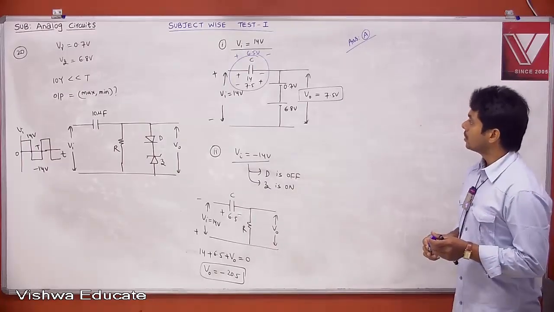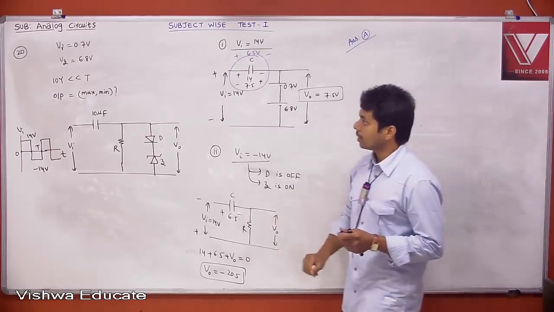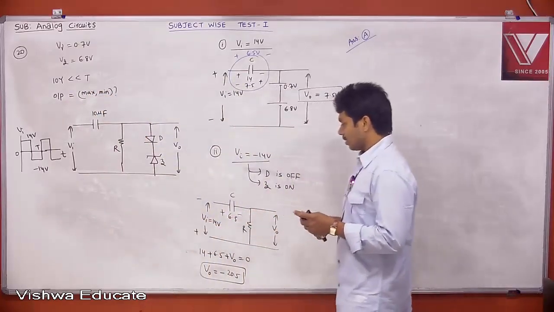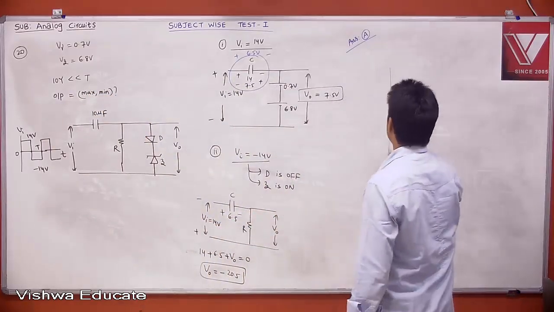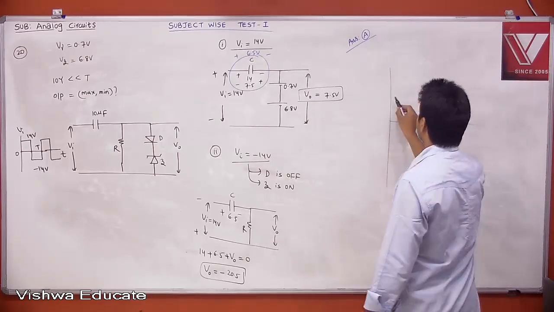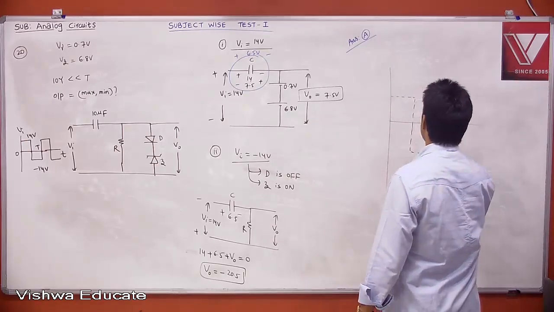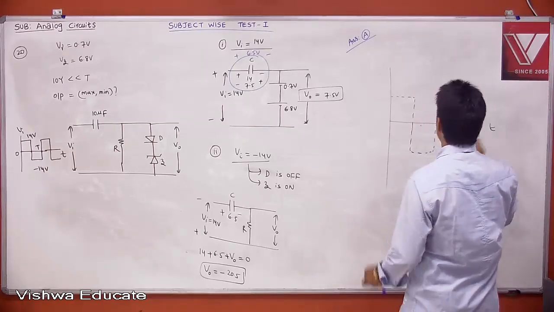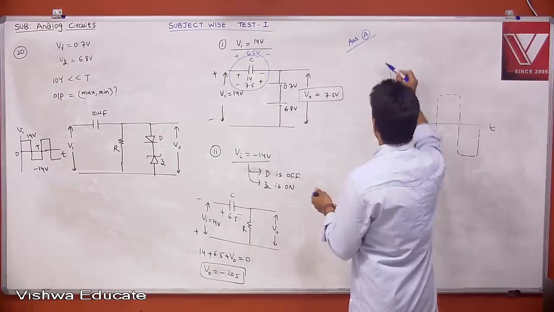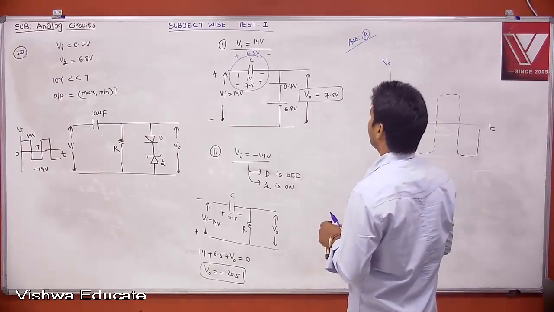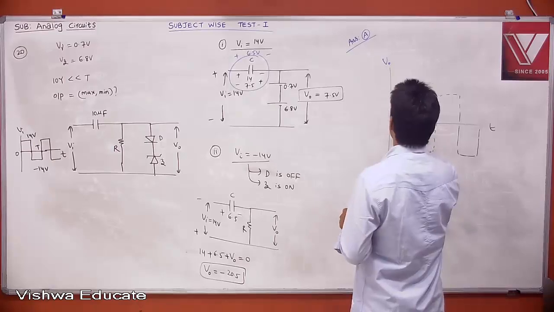But one point you need to observe is that the time constant is very small. What does it mean for the waveform? Because the time constant is very small, it is violating our requirement for clamping action. But let me show you what your output will be. This is your input. When the input is 14, your output is 7.5.